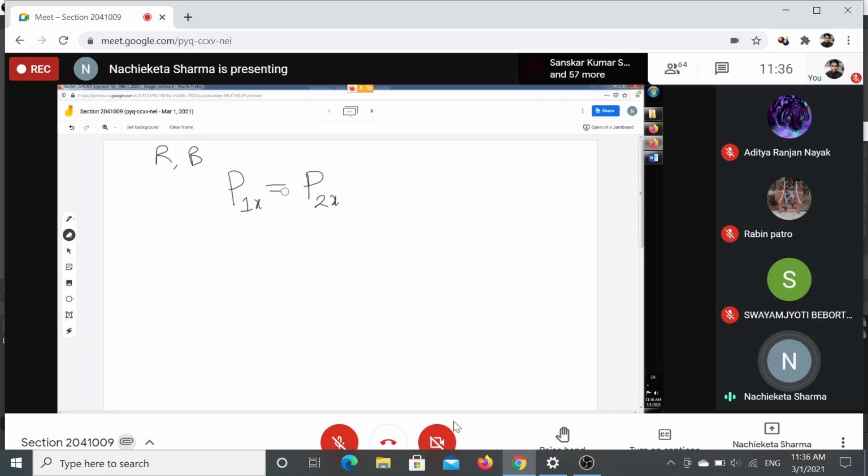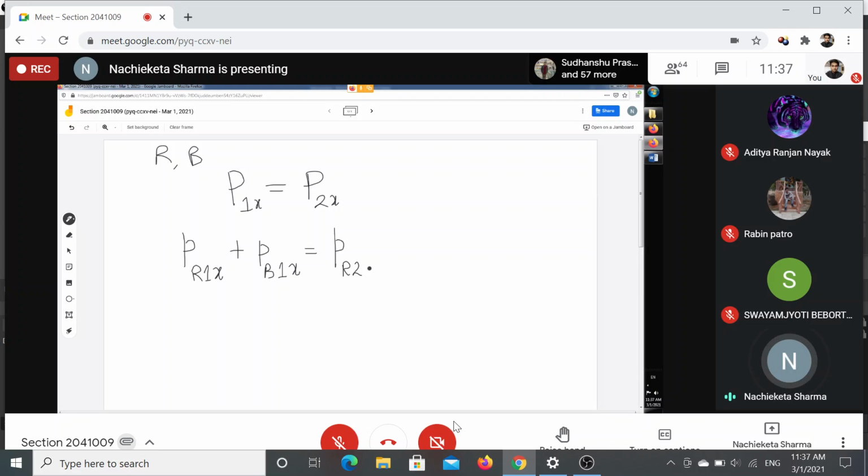P1x consists of two quantities: the initial x momentum of the rifle, P_R1x, plus the initial x momentum of the bullet, P_B1x, and that must be equal to the final momentum of the rifle.